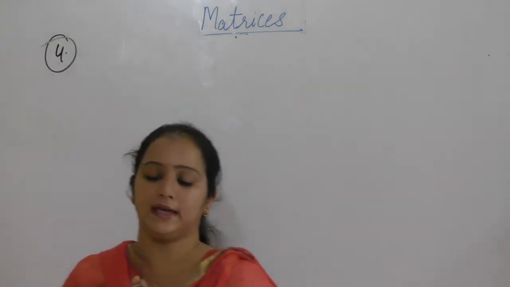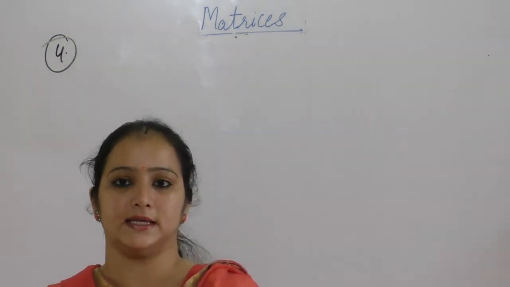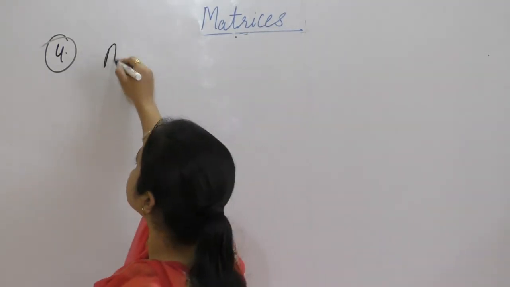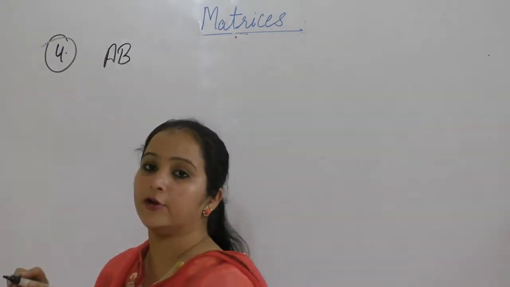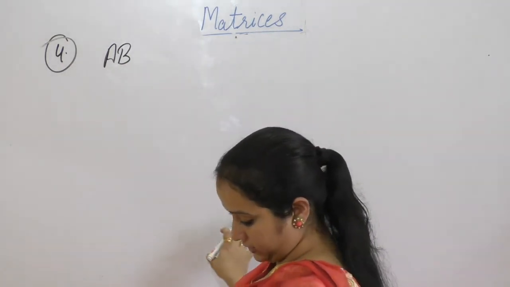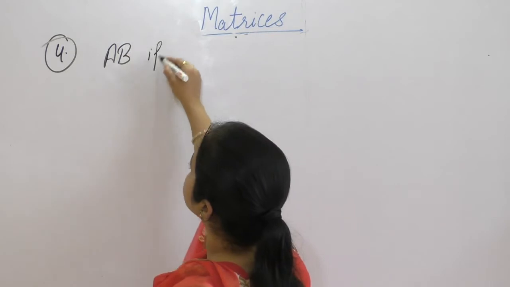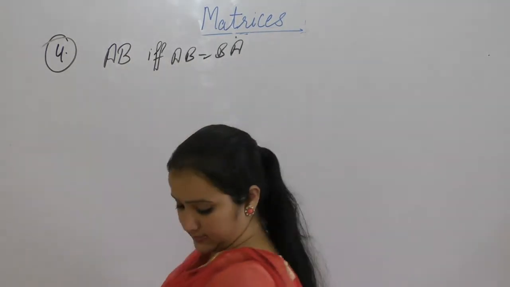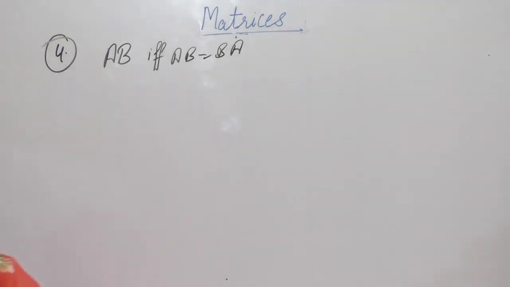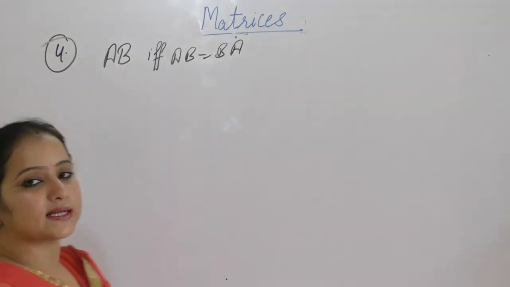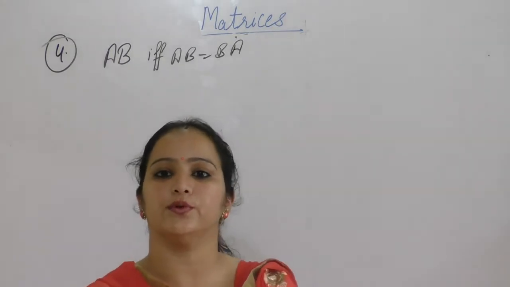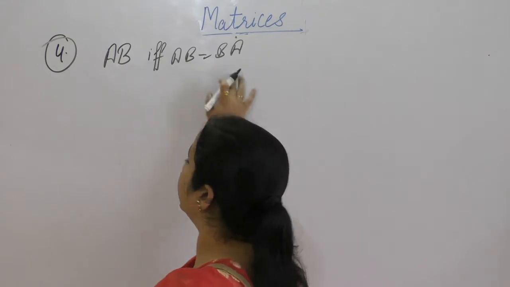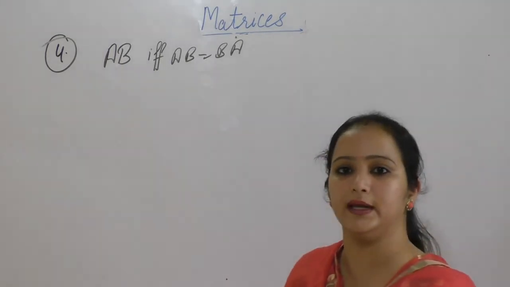If A and B are symmetric matrices, then show that AB is symmetric if and only if AB is equal to BA, that is, A and B commute. A and B both are symmetric matrices. We have to prove that AB is symmetric if and only if AB is equal to BA.